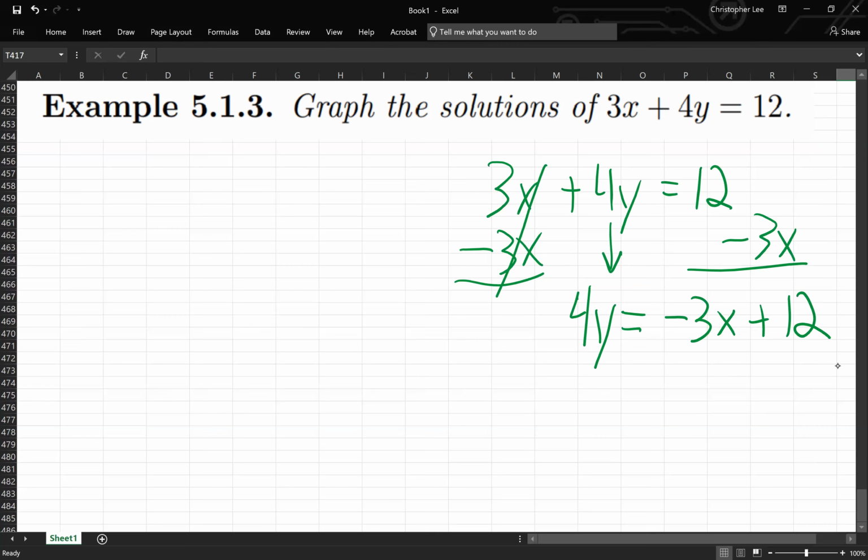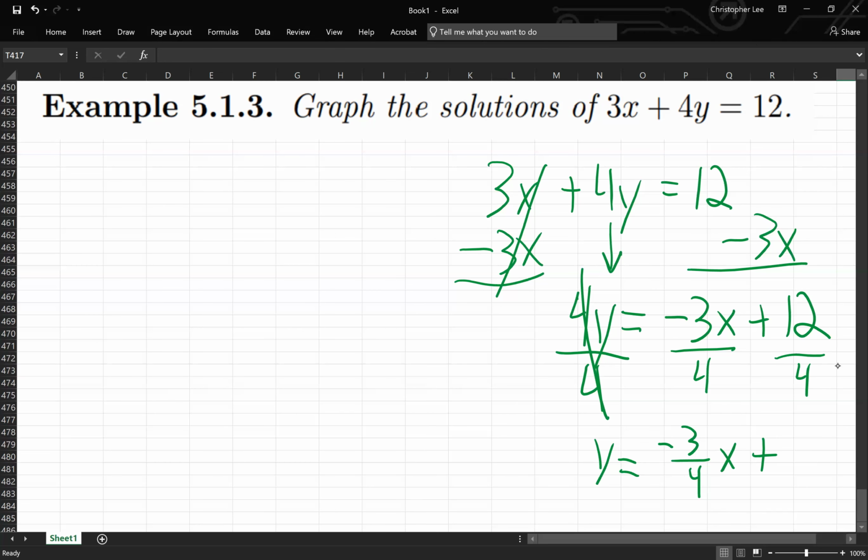What should I do after that? Divide by 4, not 4y, just 4 by itself. But what I do to one side of the equation, I have to do to the other side. So now I have y is equal to negative 3 over 4x, plus, what's 12 divided by 4?